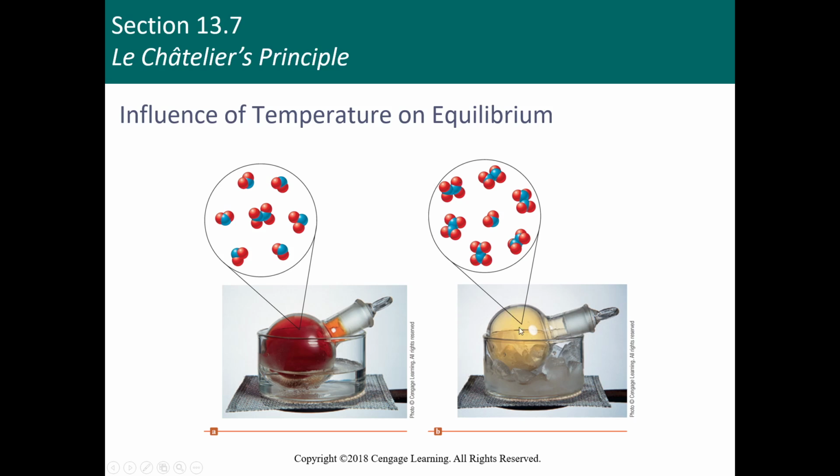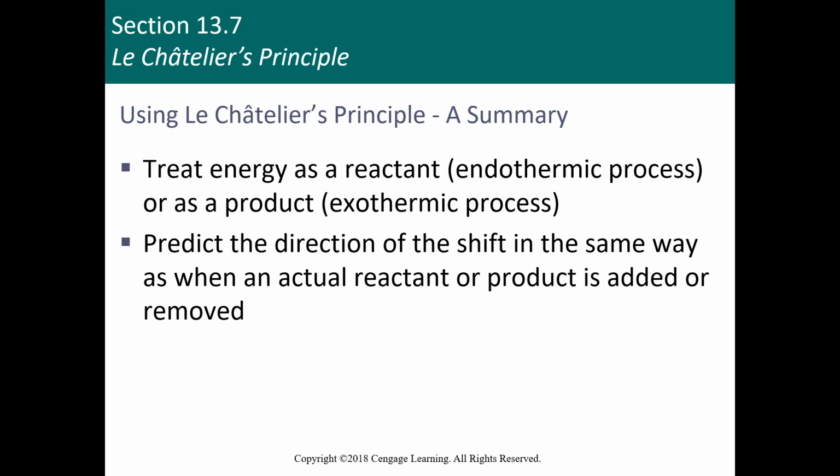When we warm this, more of the N2O4 will convert to NO2, and it will shift towards NO2. NO2 is actually the component in smog that makes the brownish color you associate with smog. So this turns a reddish brown color, a very deep red and brown color in this case. There's actually quite a concentration in there.